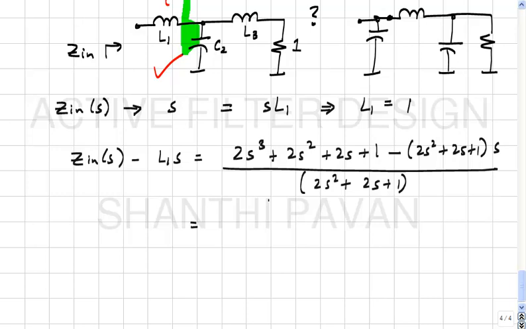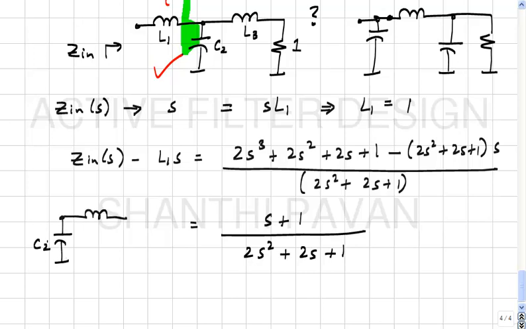Again, what is this? S plus 1 divided by 2S square plus 2S plus 1. Okay, and this must therefore be the impedance of this network. Correct? And why does this make sense?